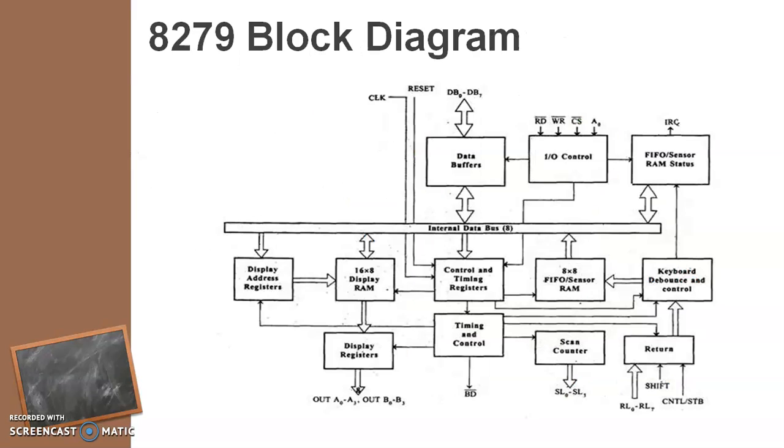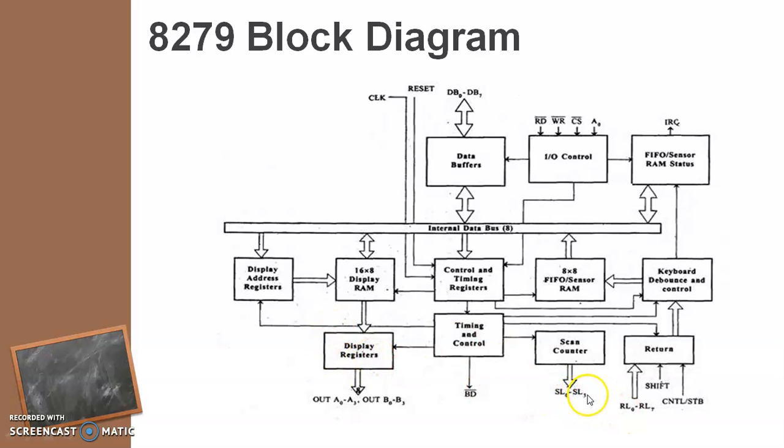Next, we'll see the detailed structure of the 8279, that is the block diagram. You can see here RL0 to RL7, shift and control. RL0 to RL7 are the columns of the matrix keyboard. Shift and control are as usual in keyboards. Then SL0 to SL3 is a scan counter used for both the keyboard and the display.